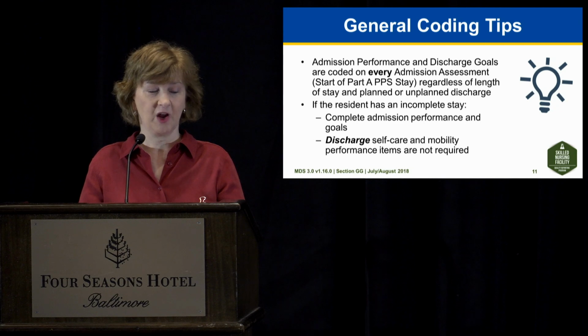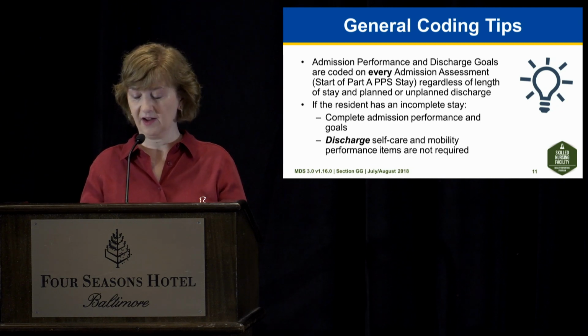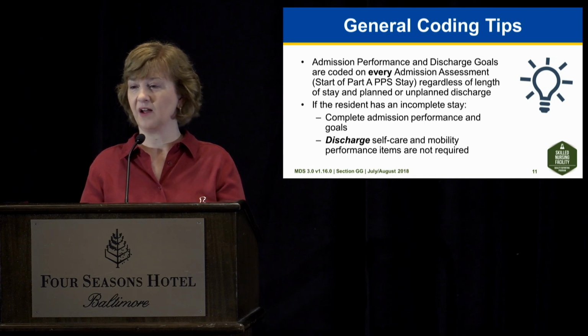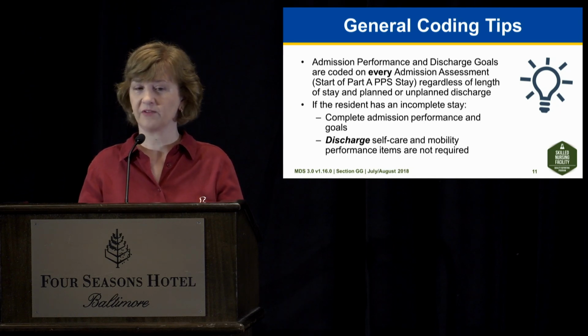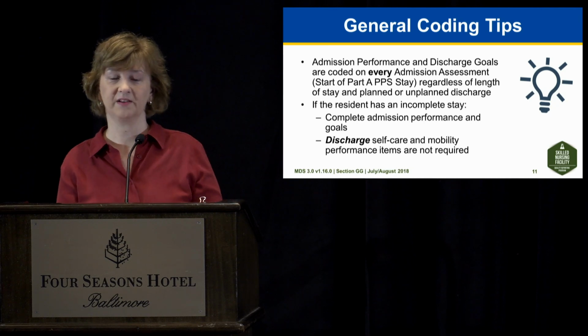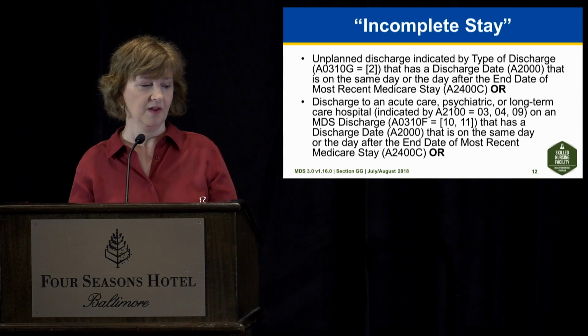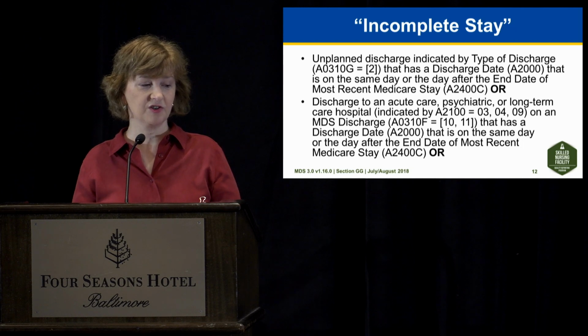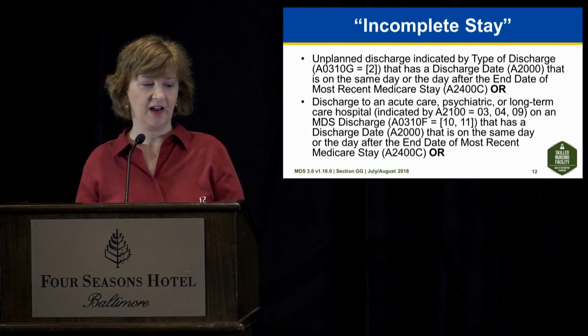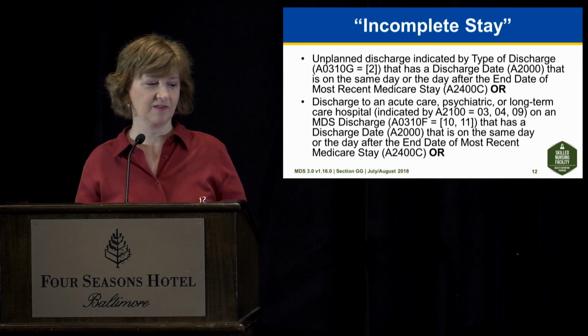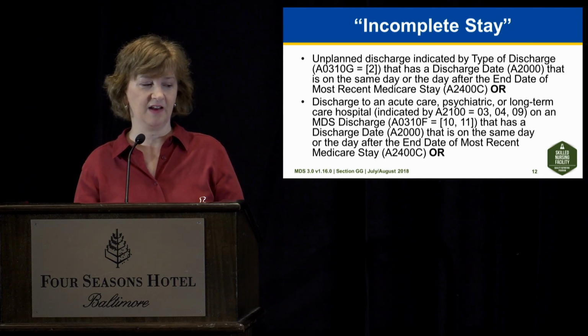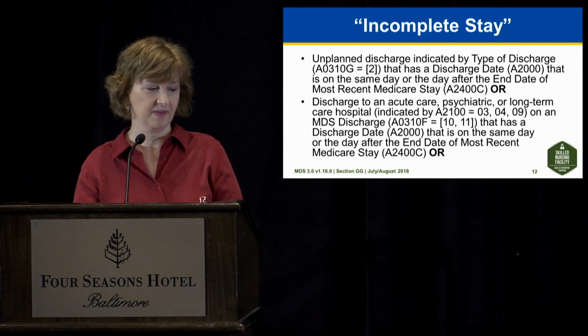The discharge self-care and mobility items are not required if somebody has an incomplete stay, and so you do not see the Section GG discharge items on the unplanned discharge assessment. So the unplanned discharge is indicated by the type of discharge, so that's A0310G equals 2, that has a discharge date in A2000 that is the most recent day or the day after the end of the most recent Medicare stay.